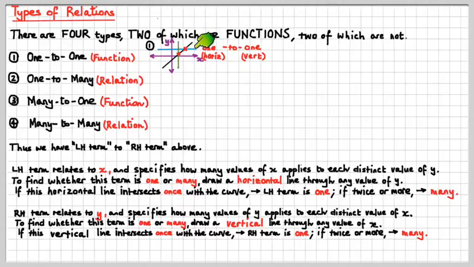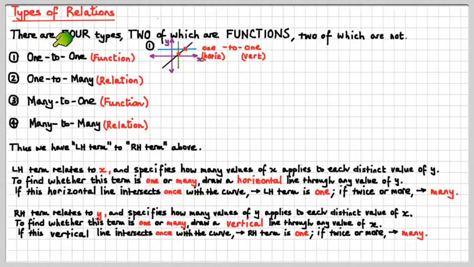If you draw a horizontal line from any value of y on the y-axis, horizontally out in either direction, and then you see how many times you intersect the curve of the function, the horizontal line indicates one intersection, so that tells you that the left-hand side of the expression is a 1. And the vertical line, the green line, also intersects once with the curve of the function. Therefore, that term is also a 1.